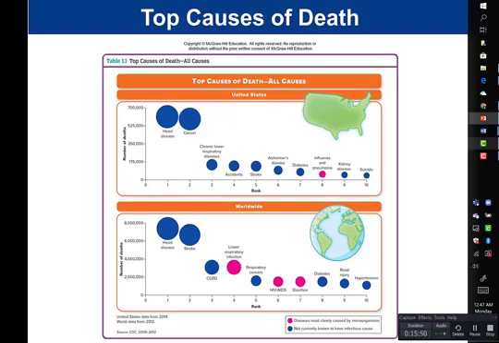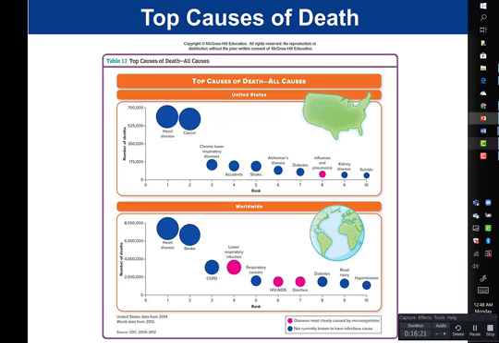So what you're looking at here is comparing the top causes of death in the United States versus worldwide. You do not have to memorize this table. It was just to give you an idea of the differences that the US faces versus the rest of the world. Now, if they're colored blue, blue indicates that it's not currently known to have an infectious cause, meaning that these are causes of death that are not related to infection.